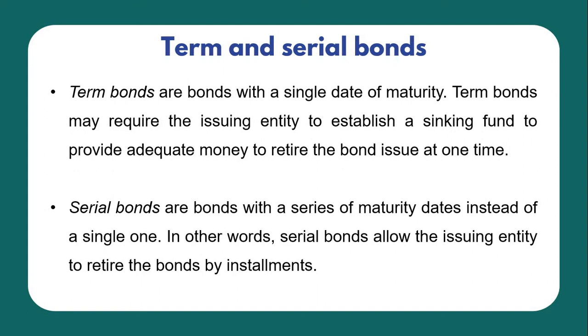There's only one maturity date, kaisa lang nimo bayaran ang principal. Though the principal is paid on a lump sum basis, the interest is usually on a regular or periodic basis. While serial bonds are those with a series of maturity dates instead of a single one.